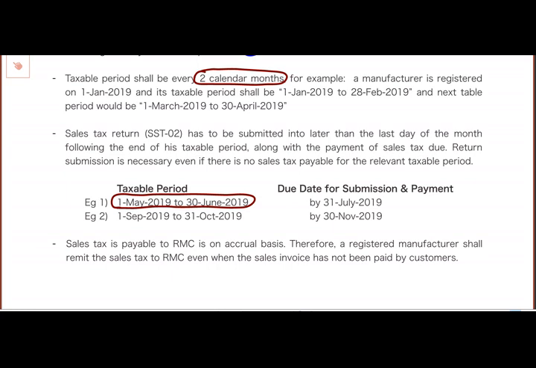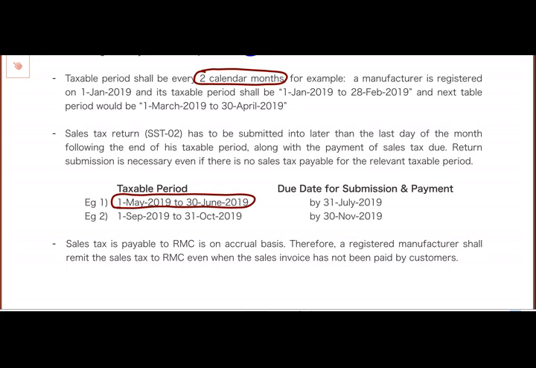January, February is one period. But you can also have the first period as February to March. So 2, 3. Then 4, 5. 6, 7. 8, 9. It depends on your registration. But the period is 2 months.